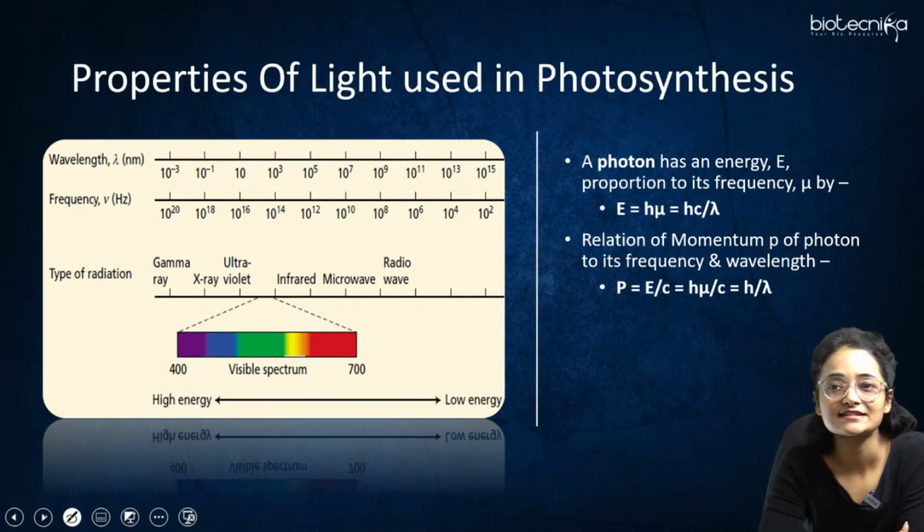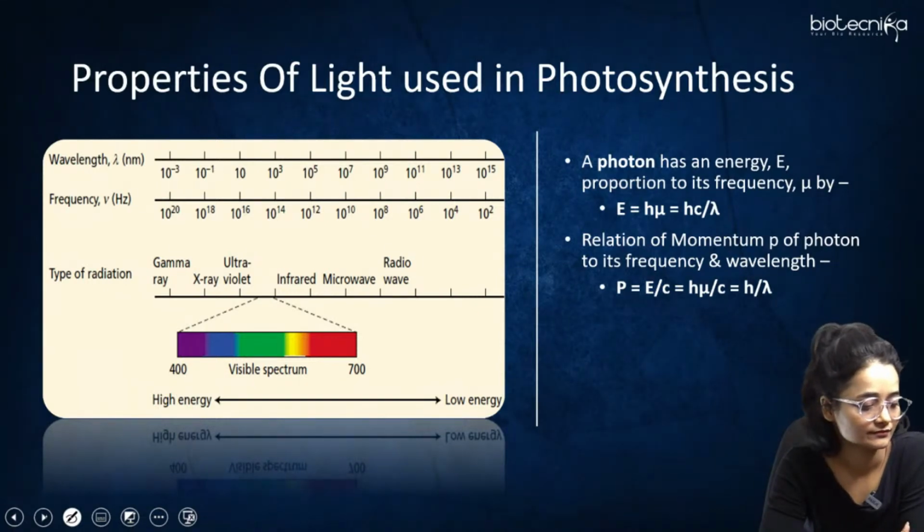The question is basically, what is the tissue in which photosynthesis takes place in higher plants? Anybody?